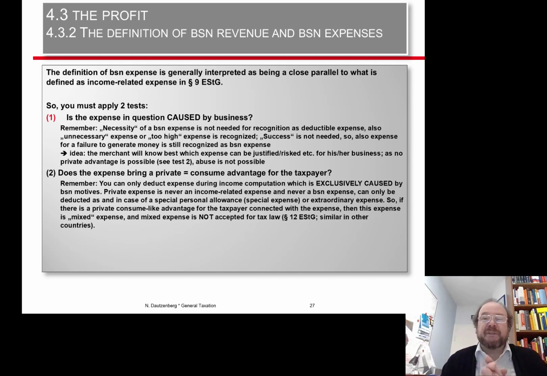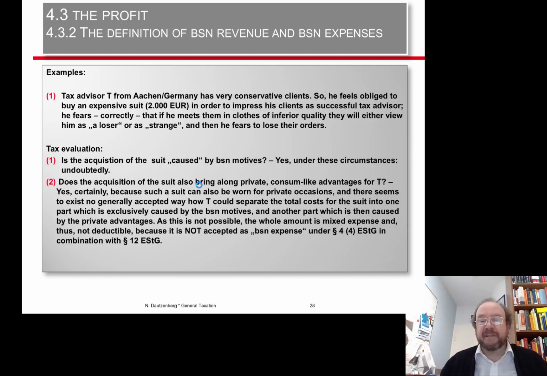The only chance you would have in case of mixed expense is to unmix it, so to prove to the fiscal administration that at least a part of that mixed expense is entirely and only caused by business. And if you are not able to show them this in a generally acceptable manner, then the whole mixed expense is blocked. So what is mixed and remains mixed, there you are lost. Examples.